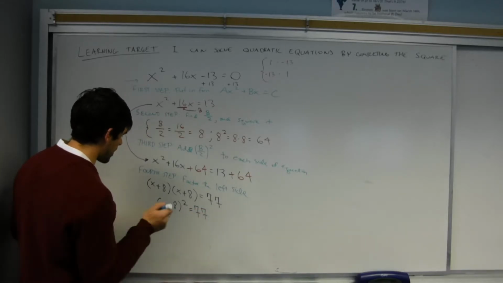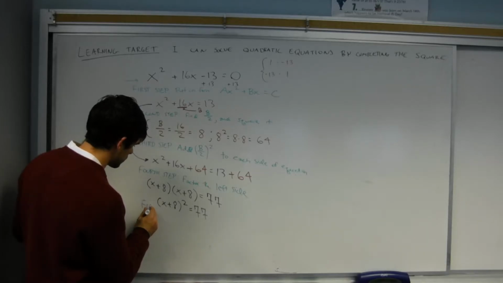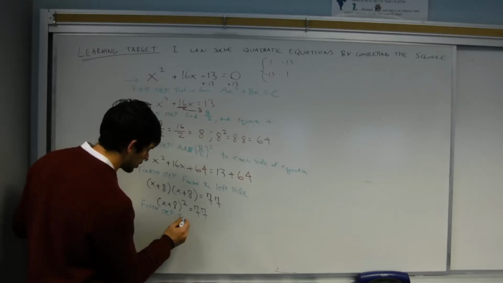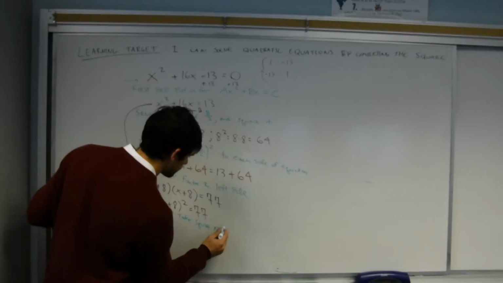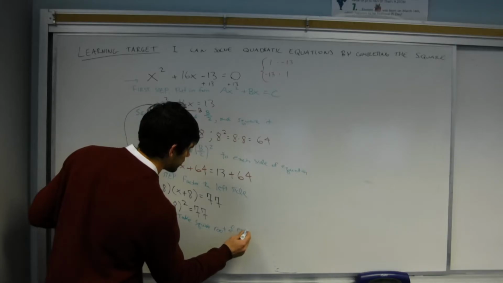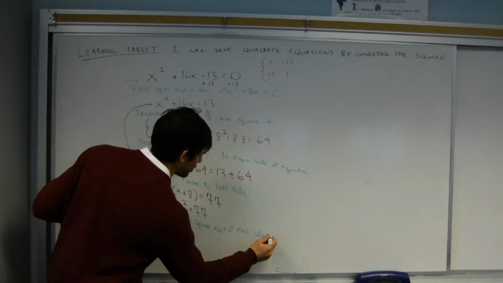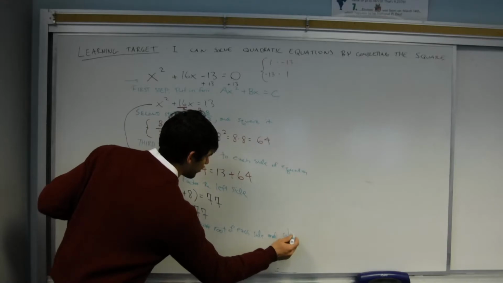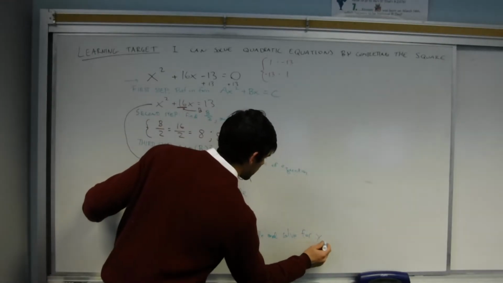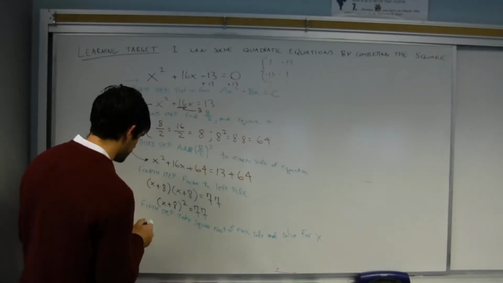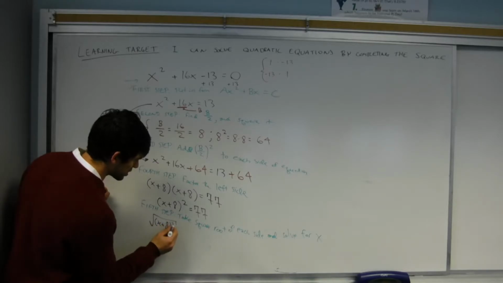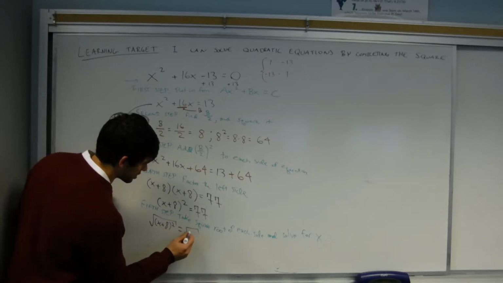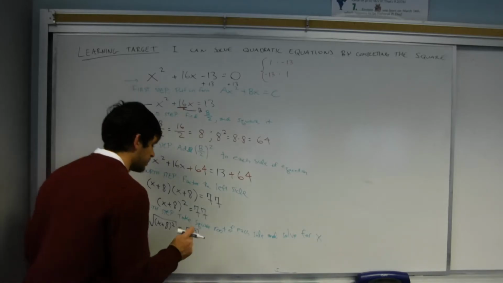So now our fifth step would be take the square root of each side and solve for x. So the square root of x plus 8 squared is equal to the square root of 77.